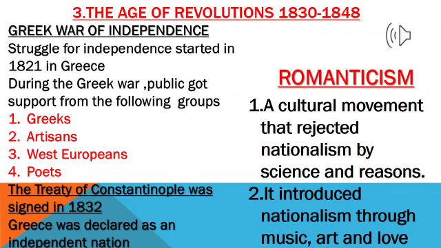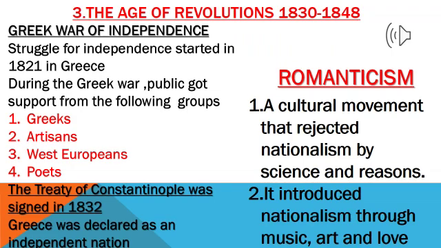Well, children, our third topic of this chapter is the age of revolutions from 1830 to 1848. This was an event that mobilized the nationalist feelings among the educated people across Europe. It was the Greek War of Independence, children.